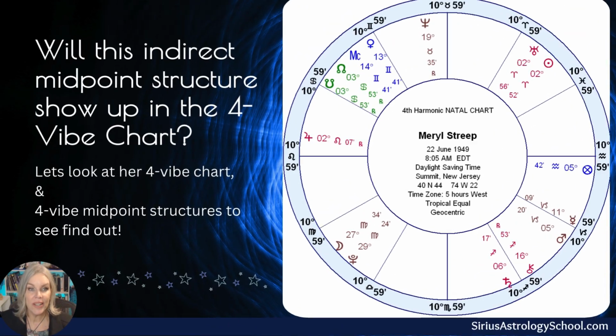So the question is, will this indirect midpoint structure from the natal chart show up in the 4 vibration chart? Let's look at our 4 vibration chart and 4 vibration midpoint structures to find out. By the way, this is her 4 vibration chart. I'm going to show it to you with all of the notations that I put on it.